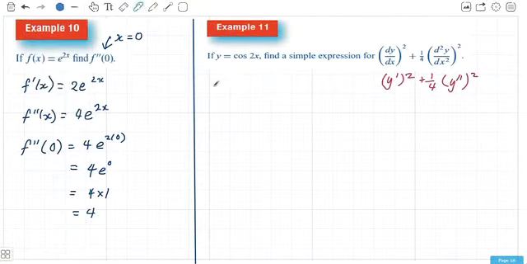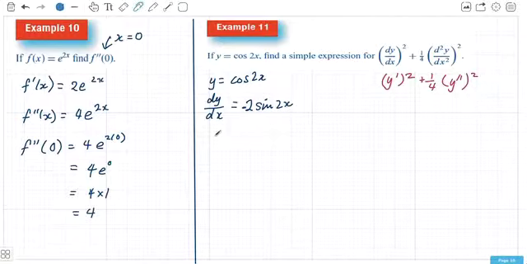So our first job is differentiating y equals cos of 2x. The derivative of cos is negative sine, and remember that the derivative of whatever is inside the trig goes out the front. So the derivative is negative 2 sine 2x. For the second derivative, what's the derivative of negative sine?